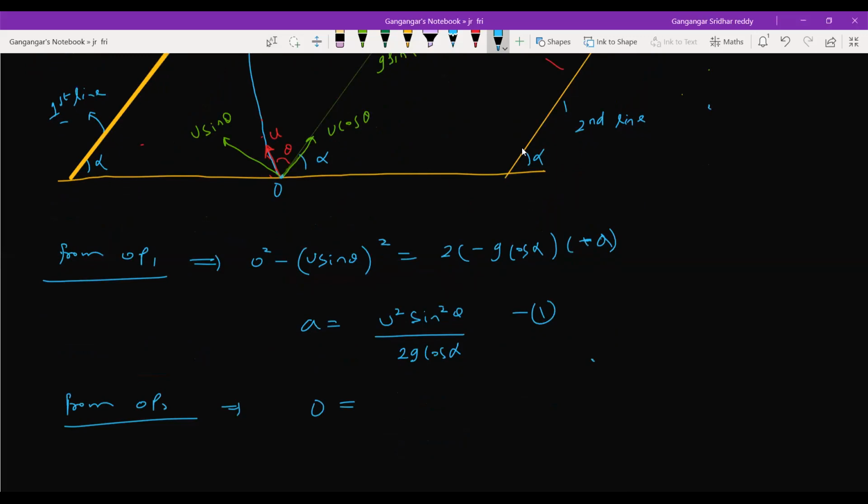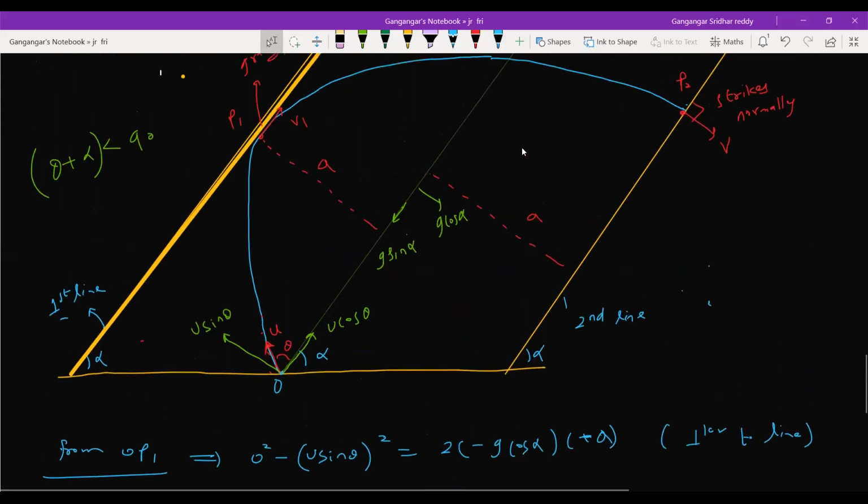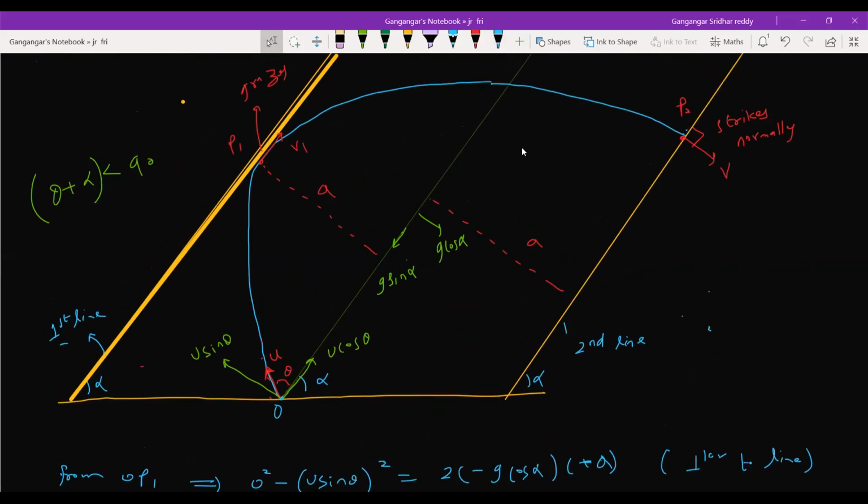Along the incline, the component of velocity parallel to the incline will be 0 here. Initial velocity is how much? U cos theta, then g sine alpha.